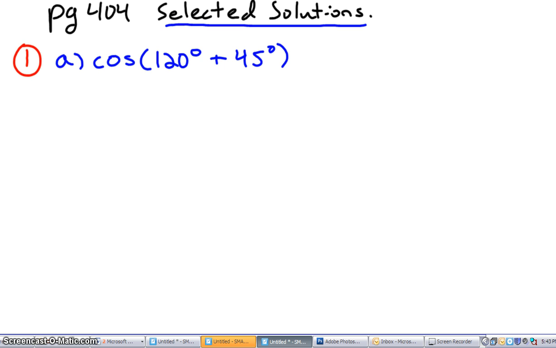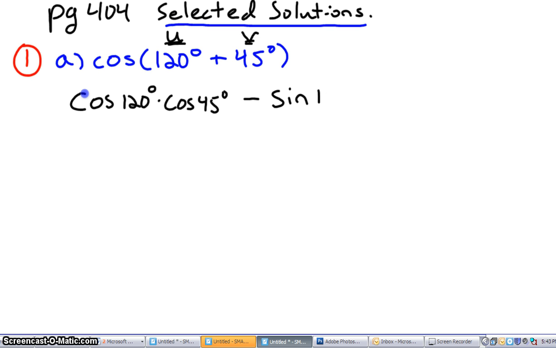We will handle that as a sum of cosines, and the formula will say we take the cosine of the first, 120 degrees, times the cosine of the second, or you'll recollect it as cosine of u times cosine of v, where u is our 120 degrees and v is our 45 degrees. And to that we're going to subtract sine of 120 degrees times sine of 45 degrees.